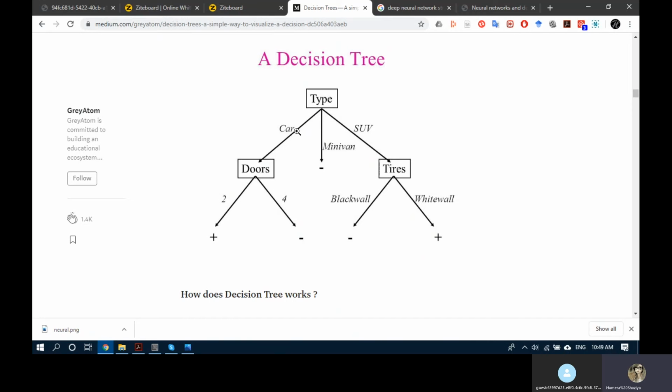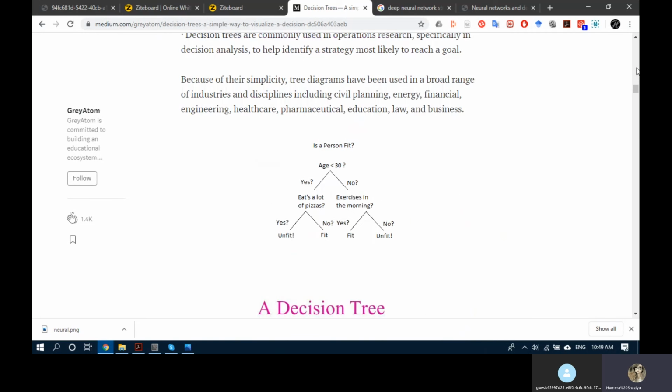So type: car, SUV, minivan. There may be two doors, there may be four doors, there may be black wall, white wall for the tires. Some other branches will come out based on the data features.